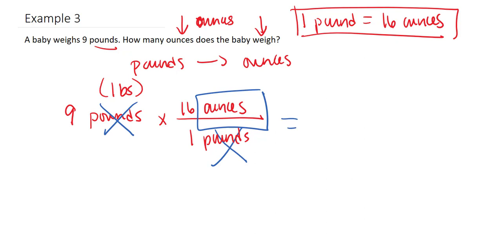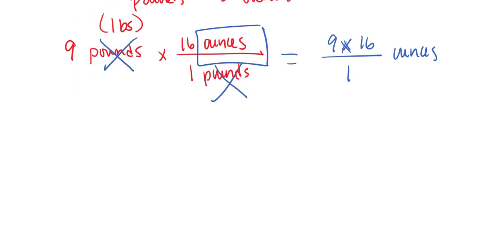We want that on the top. So really what we need to do is go 9 times 16 over 1. And we get ounces. Now, let's actually do this in our heads, because I'm going to teach you a little trick here. Well, 16 could be 10 and 6, right?